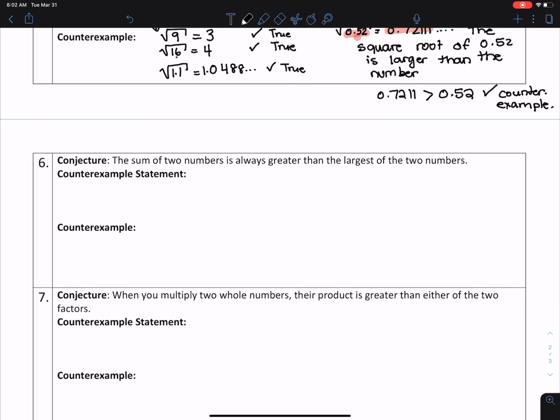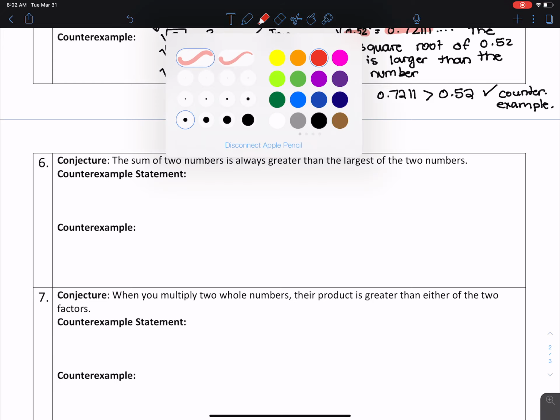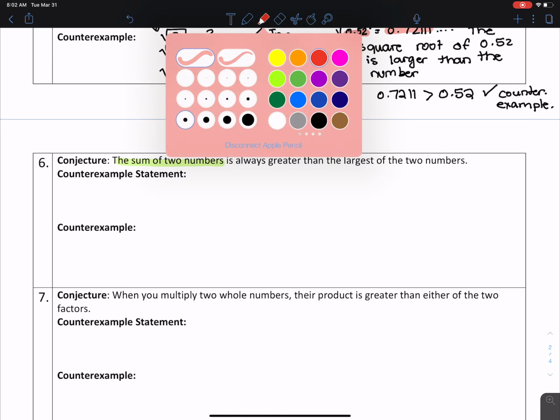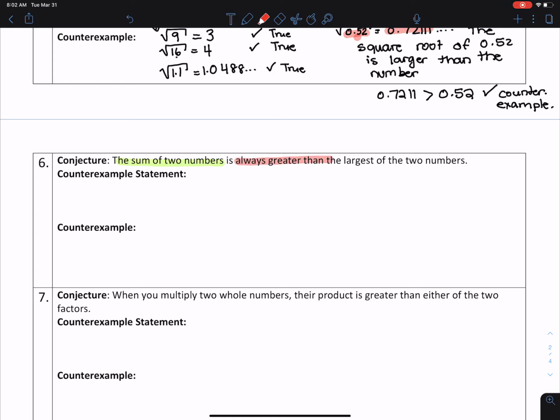The sum of two numbers is always greater than the larger of the two numbers. So for my counterexample statement, my condition is that I'm starting with the sum of two numbers. So I'm adding two numbers up. My conclusion to the statement is that it is always greater than the larger of the two numbers. So let's write my counterexample statement.